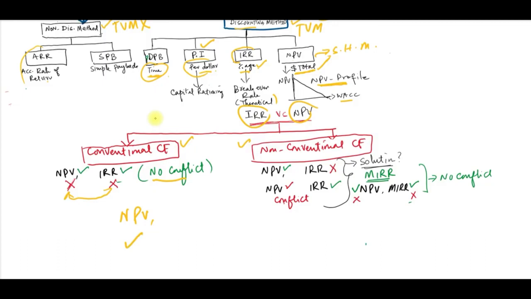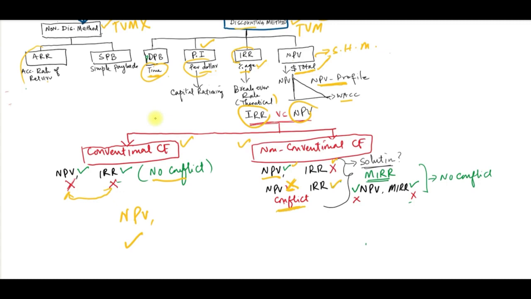But for non-conventional cash flows, if NPV says accept the project but IRR says do not accept, or NPV says do not accept the project but IRR says accept the project, there is a conflict. So what is the solution for that?